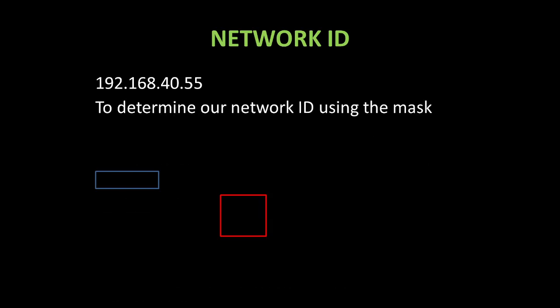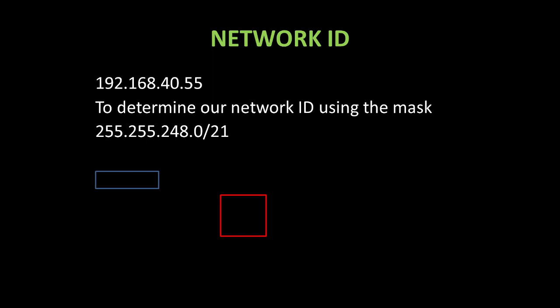Here we want to determine the network ID for that IP address, given this subnet mask. We are using the same subnet mask that we had. We are given two things: the IP address, which is 192.168.40.55, and the subnet mask, and we want to use the subnet mask to determine the network ID.